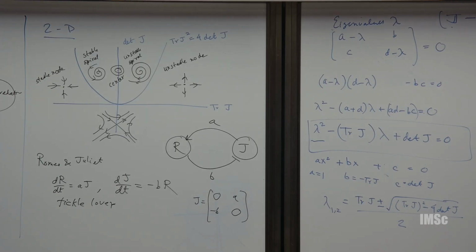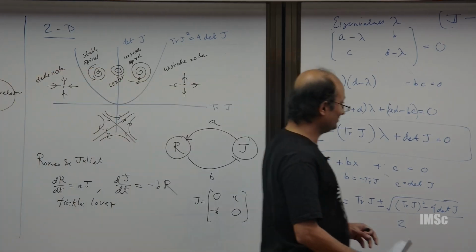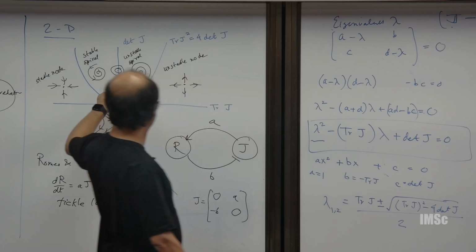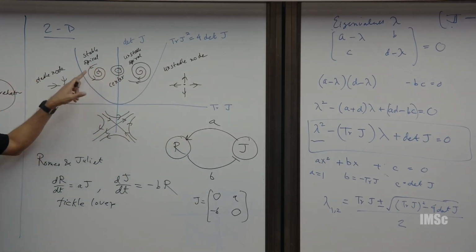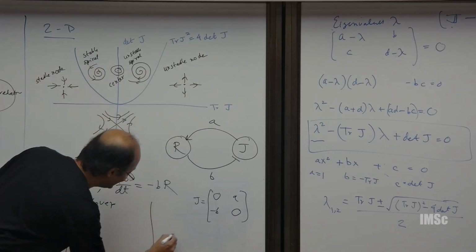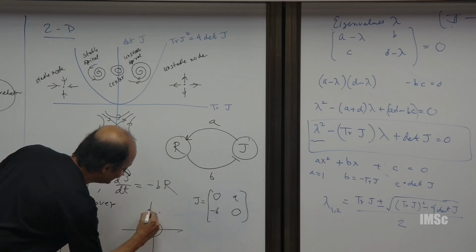Trace is 0. What is the determinant? Okay. So, what behavior did I wipe, no, here. So, it is here. So, what will happen is a never ending cycle.